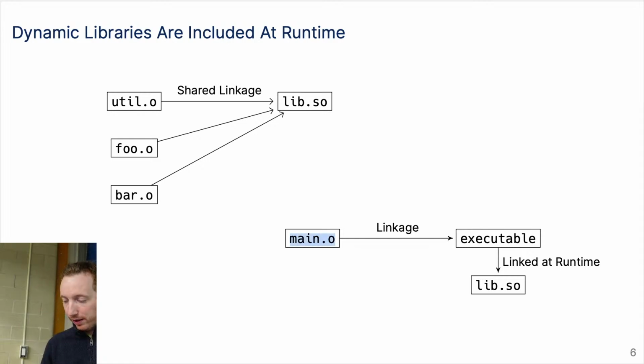The main difference is when you actually create your executable, you just link your file that has main defined in it, and then you just tell it what library you use. And then whenever you execute that program, your operating system will find the library and actually resolve all the symbols for you and do all the hard work, so you can just use the library, right?